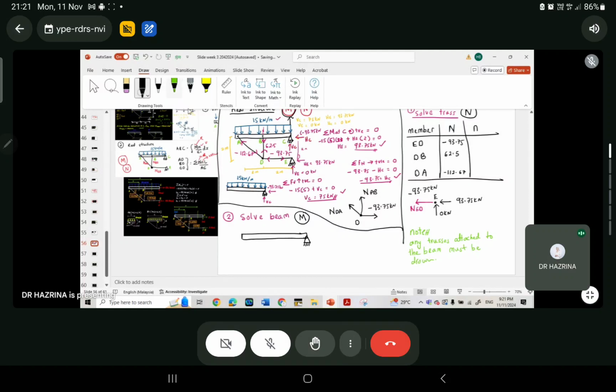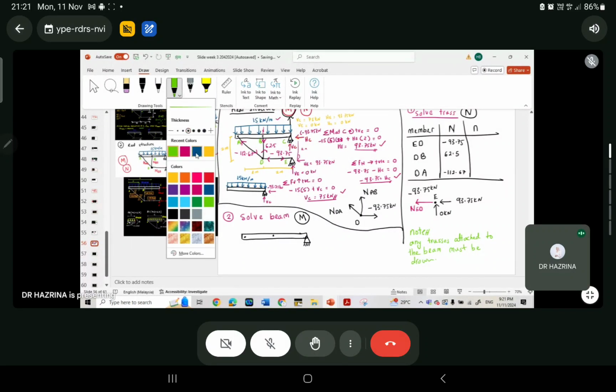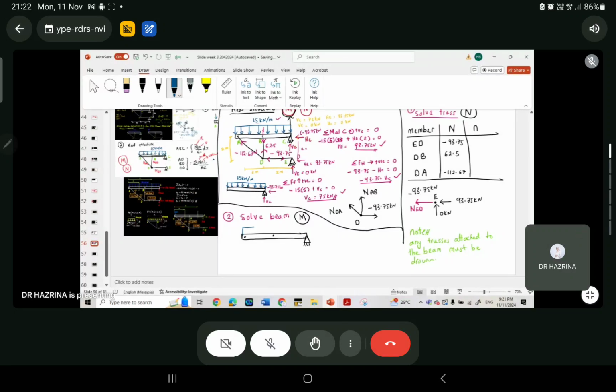Okay. So, maksudnya sekarang, apa maksudnya? Maksudnya adalah you punya beam, okay, so this one you ada loading tadi kan? You have this one 15 kilonewton per meter. Okay, you ada ni. And then you ada 15 kilonewton per meter. Okay. So now, I kata, any trusses attached to the beam, dia kena lukis. So maksudnya, sebab sekarang ni kita kena cut dia separuh je. In case, maksudnya macam ni.